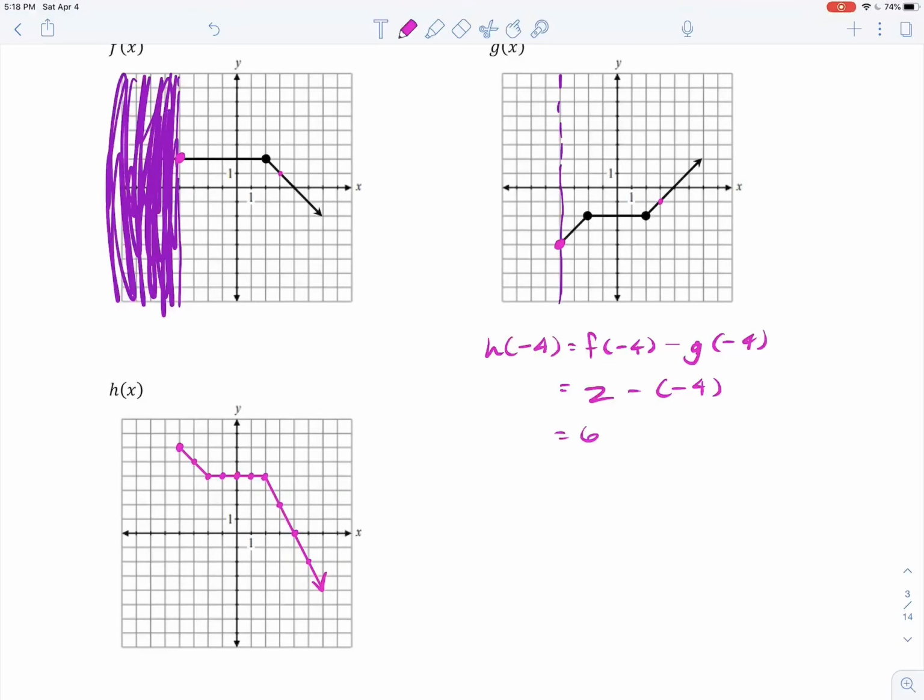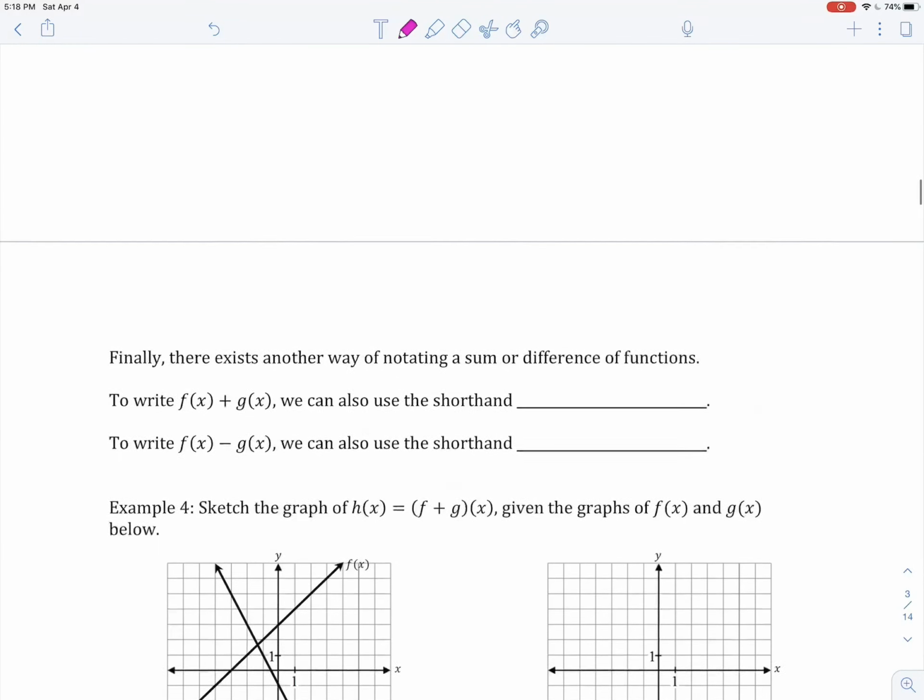Last little bit of this is just shorthand notation. So we've seen these things where we've said f of x plus g of x, or f of x minus g of x. Oh my goodness, it takes so much time to write. How come we're writing x so many times? The efficiency, or lack thereof, is killing us. So, shorthand notation.